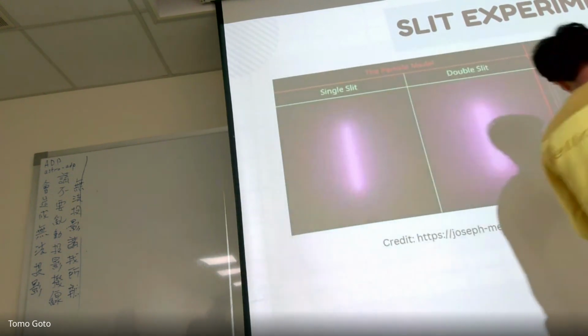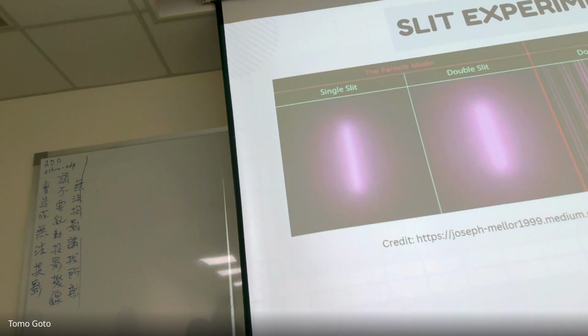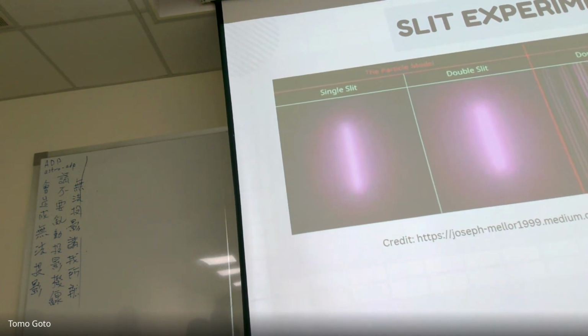In the single slit, the central part is obviously brighter, but what we don't expect is these other lights that appear over here. The same can be said for the double slits. They represent something like a wave.